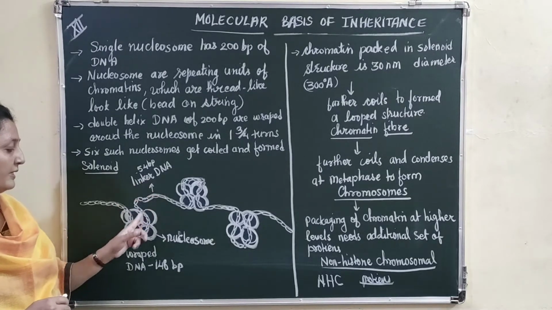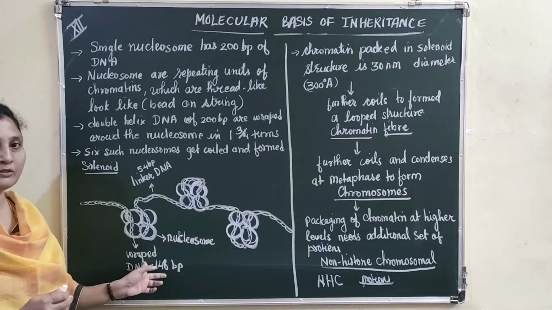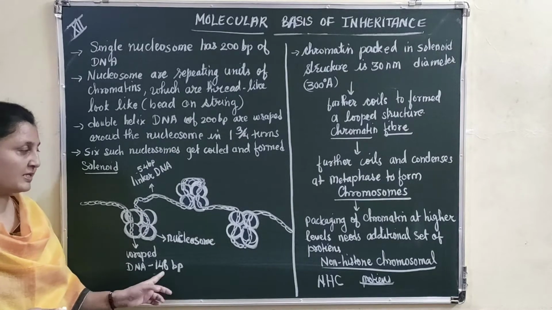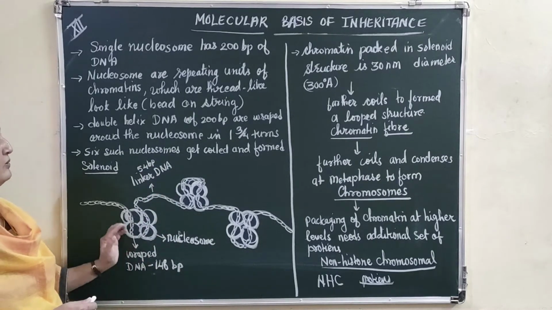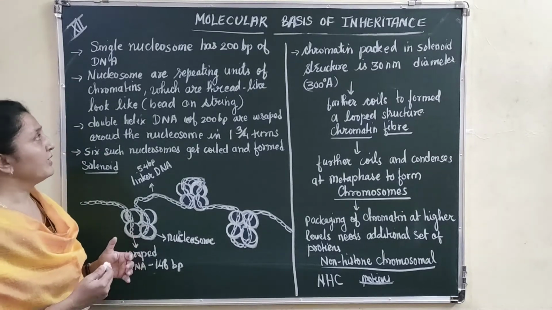Together the linker DNA plus the DNA wrapped around the histone octamer is 200 base pairs, and this together is called one nucleosome. So one nucleosome has nearly 200 base pairs of DNA.